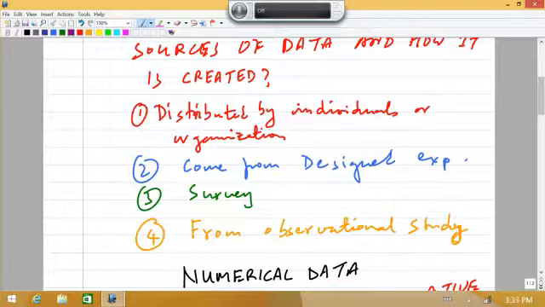Other examples of a contingency table would be if you own a flat screen TV, and also if we divide between male and female. So if you are a male and you own a flat screen TV, if you are female and you do not own a flat screen TV, or vice versa. So that would be another example of a contingency table.